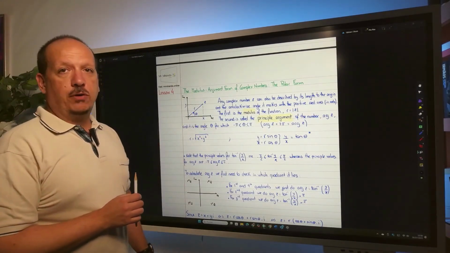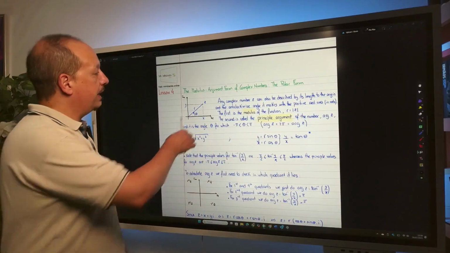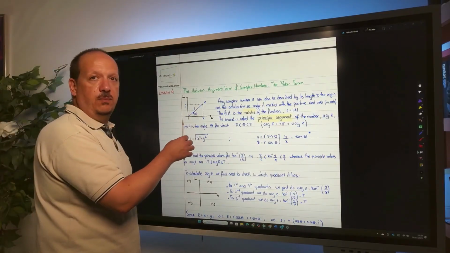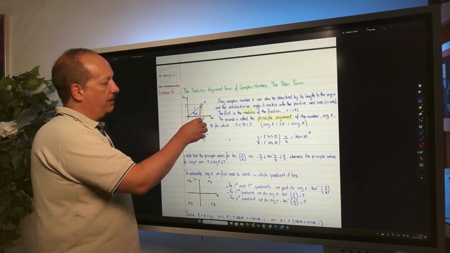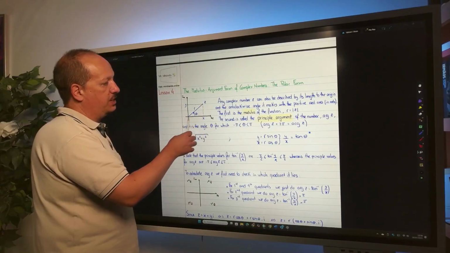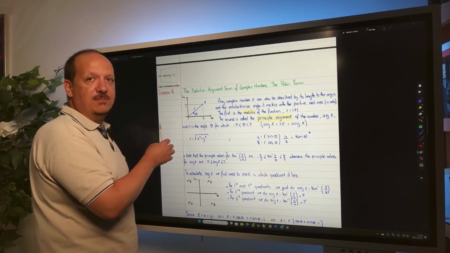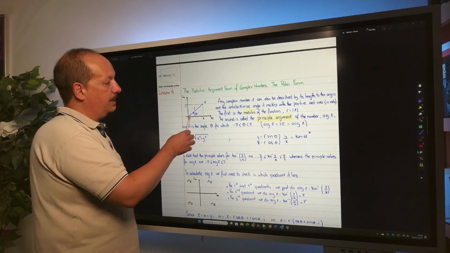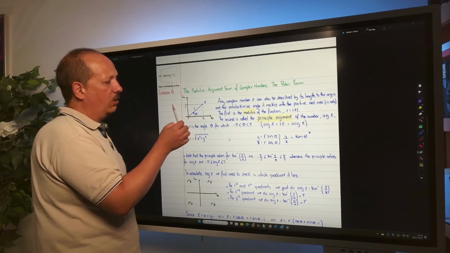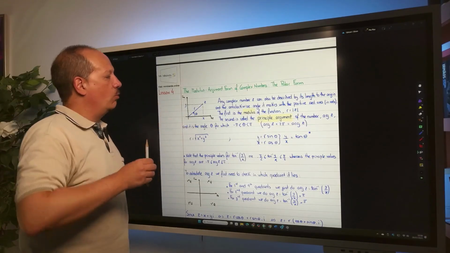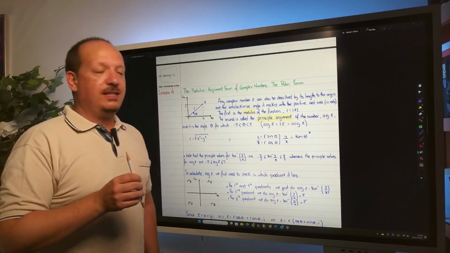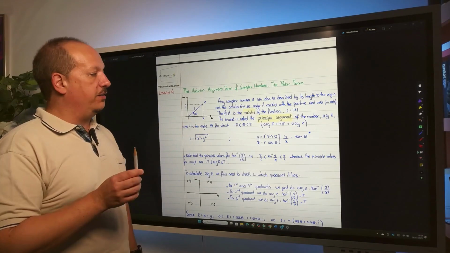What about the value of theta? Again, you use the fact that this is a right triangle, right? You have here the opposite side and the adjacent side. The opposite side is y, the adjacent side is x. So let's first think of how you can express y in terms of r and theta and x in terms of r and theta.